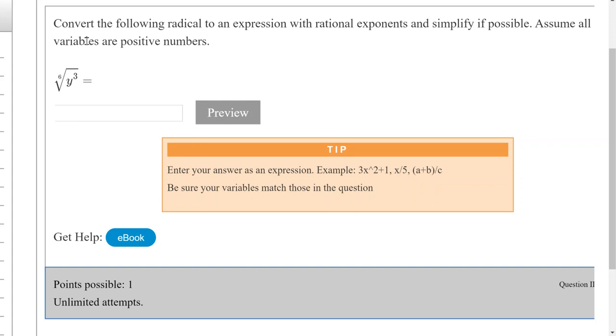But that's totally anecdotal. Don't stress about that. We're just practicing going from radical form to rational exponent form, to fractional exponent form. I want to go ahead and do this problem on a separate piece of paper just so that it helps a little bit.